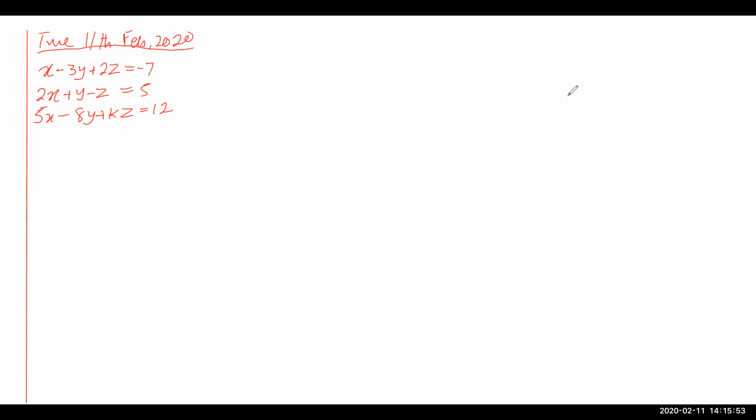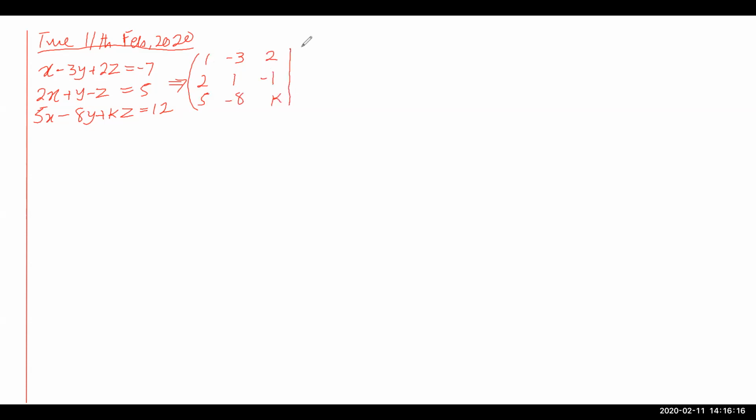So we put it in the augmented matrix form, and we're going to have this. In augmented matrix form, I'm just going to put that here. This will be 1, 2, 5. This will be negative 3, 1, negative 8. This is 2, negative 1. This is k.